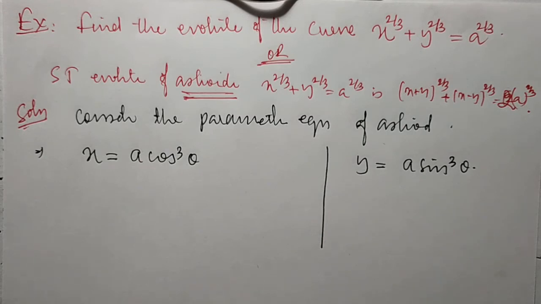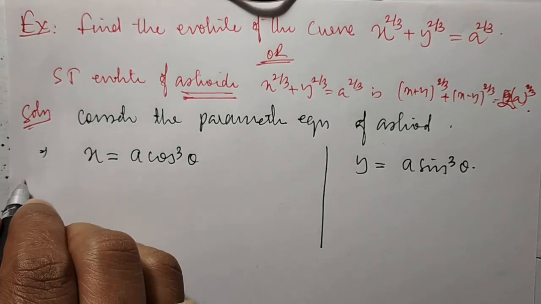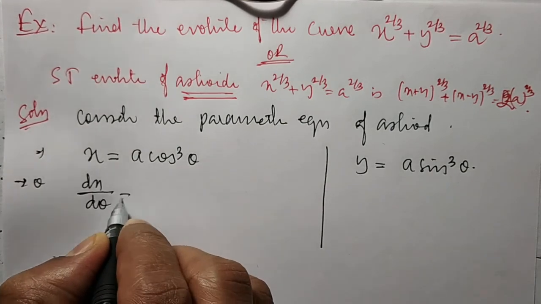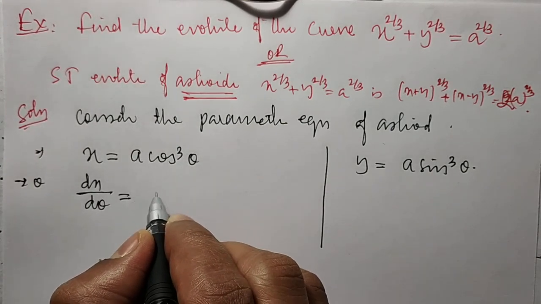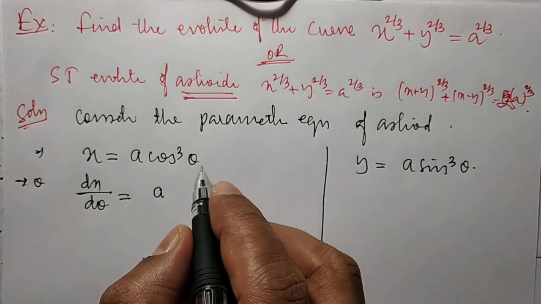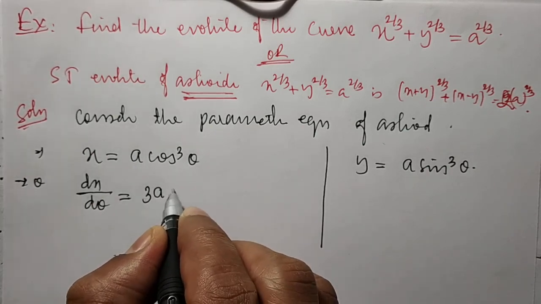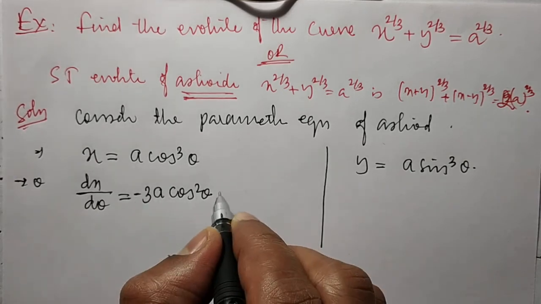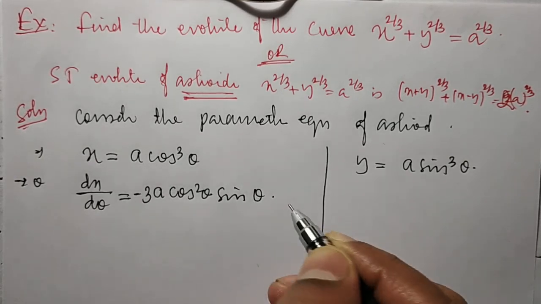These two are the results. Therefore, we need to differentiate this with respect to theta to get dx by d theta. That is a, differentiation of cos cube is 3 times cos square theta, then differentiation of cos theta is minus sine theta.